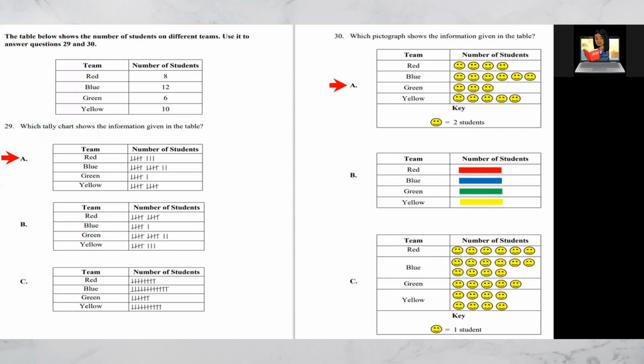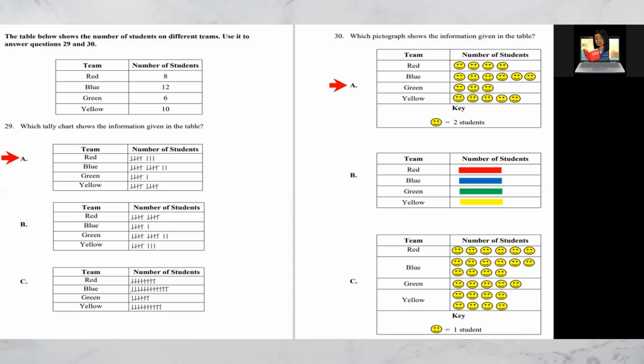So we should read this table here with the different teams. Team red, blue, green, and yellow, and the number of students. Which tally chart shows the information given in the table? Now remember, when you have 4 vertical lines and then the diagonal line going across, that represents the 5. So 5 plus 3 equals 8.